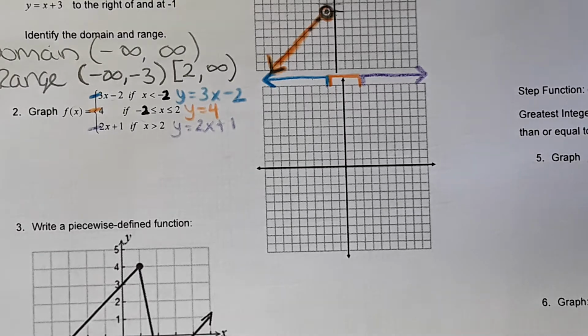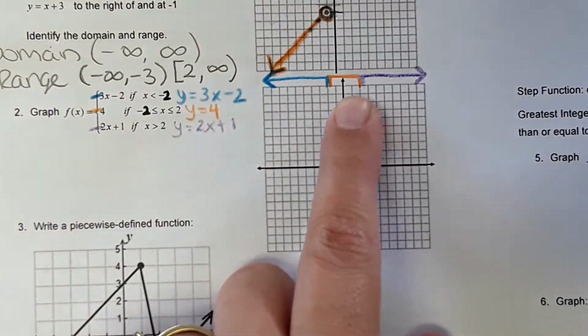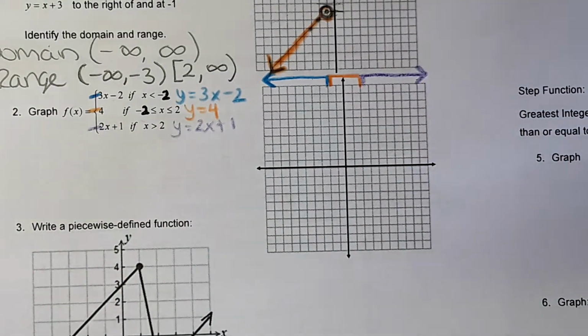How did you get orange? -2 to 2. The one on the right is, what color is that? Purple. Shouldn't the purple be like intercepting the orange? What do you mean?